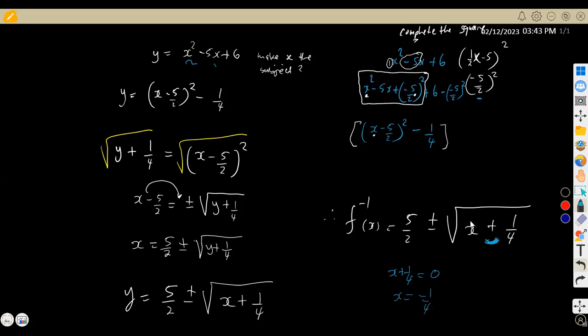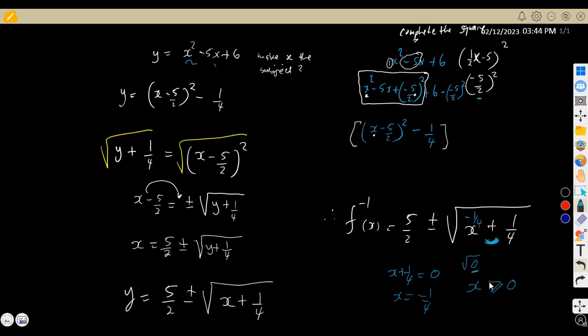When x is at minus 1 over 4, it means you are now at 0. But we are limited in that our square root cannot be less than 0. The value under the square root cannot be less than 0, which means it is supposed to be greater than or equal to 0. It cannot be less than 0.